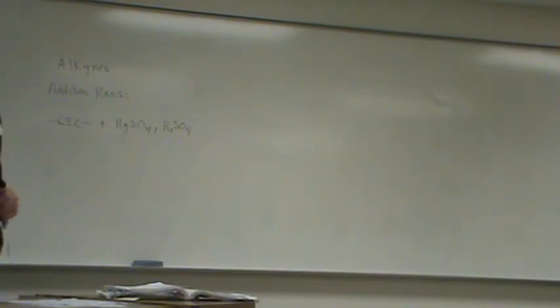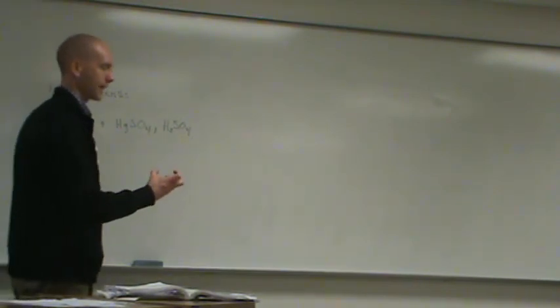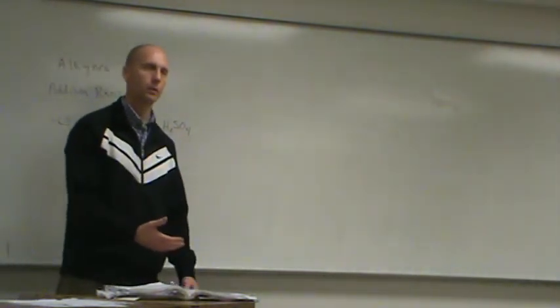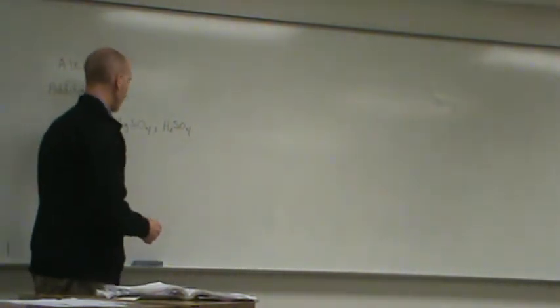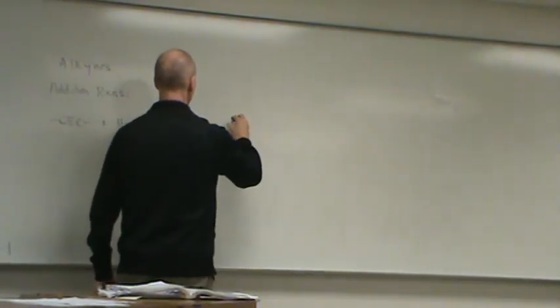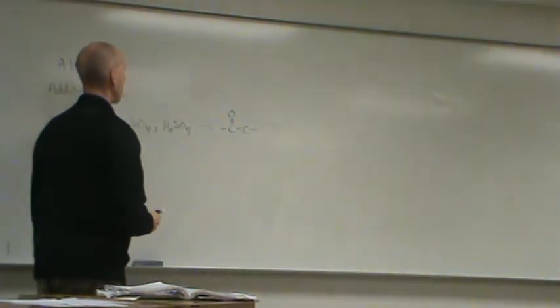We converted the double bond to what? To a carbonyl. Remember, you got the internal carbonyl and the external carbonyl. Okay? So it converts one of the carbons to a carbonyl.